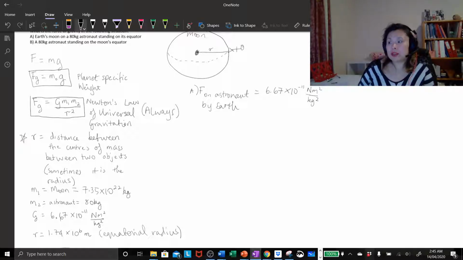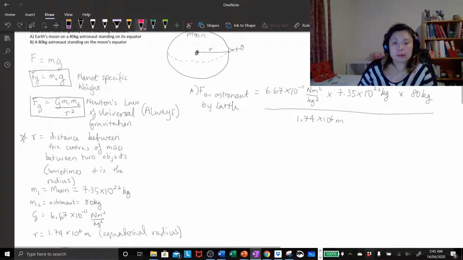Now the first mass, mass 1, is our moon, so that's multiplied by 7.35 times 10 to the positive 22 kilograms. Then you multiply by the mass of the astronaut, which is 80 kilograms. We divide that by the distance between the two centers of masses, which is 1.74 times 10 to the positive 6 meters, and then all of that will be squared because r is squared.